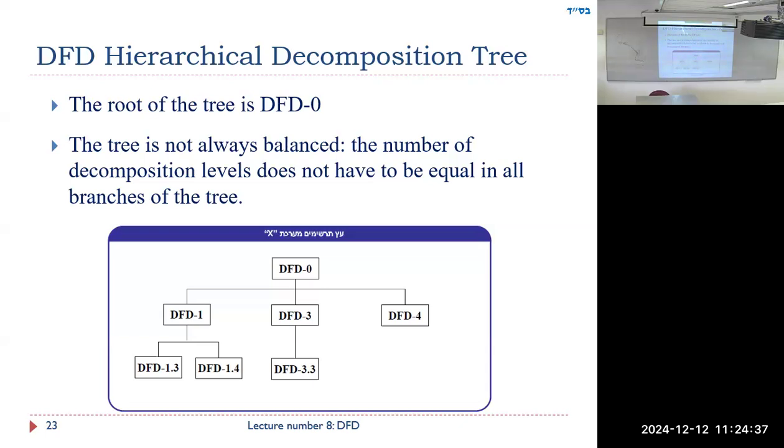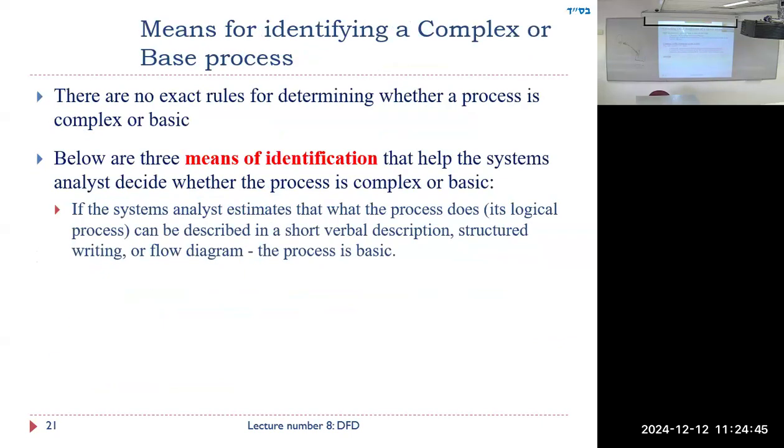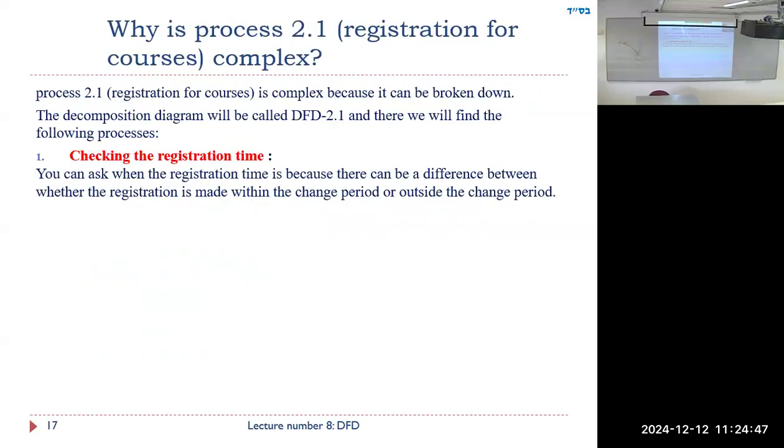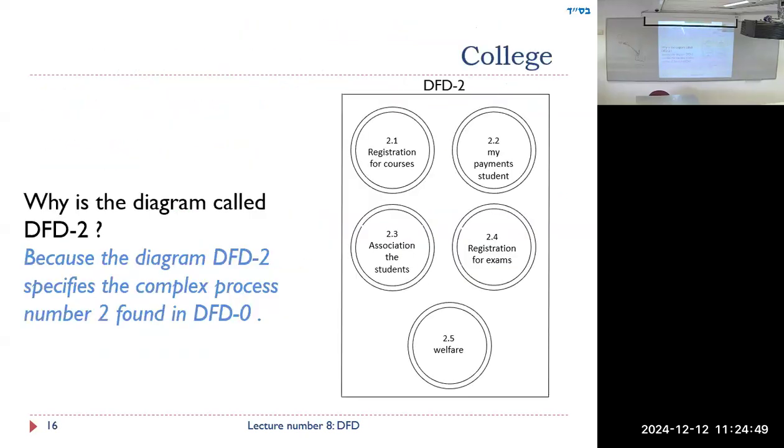Is there an example of what you just said? Where do you see that? Here's the 2, which is 2.1. Now, when I go to diagram DFD 2.1, there's going to be 2.1.1 in it.